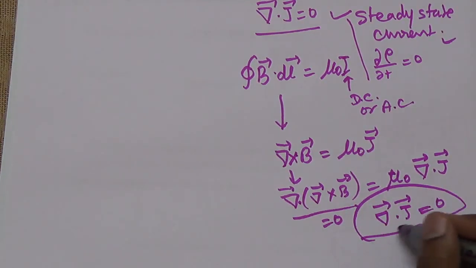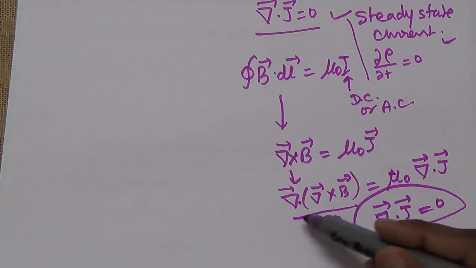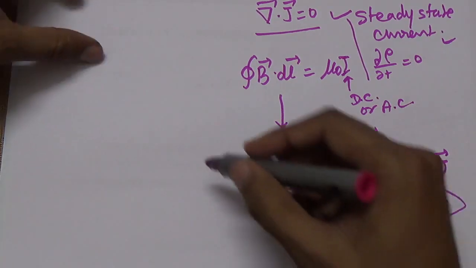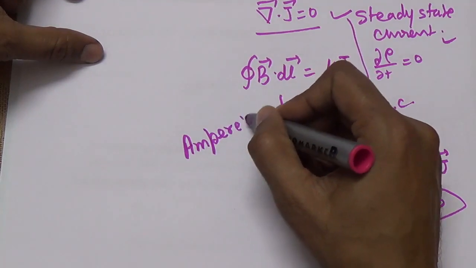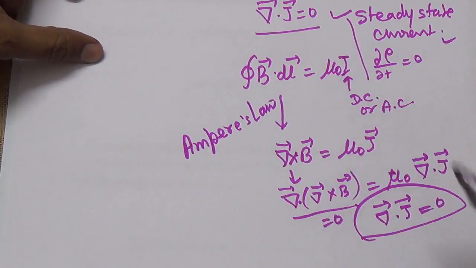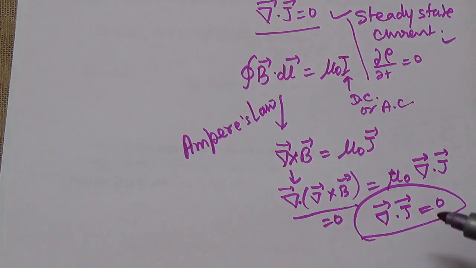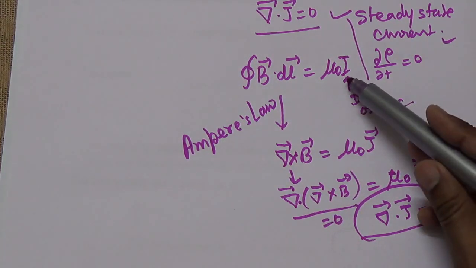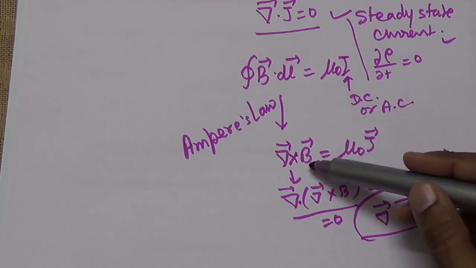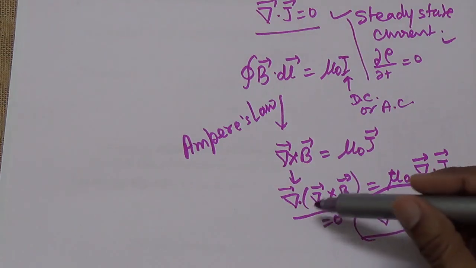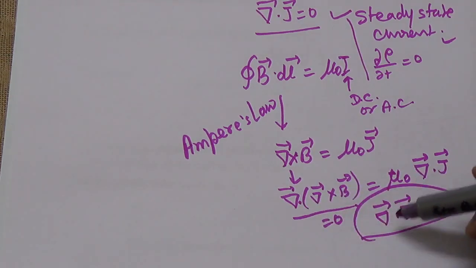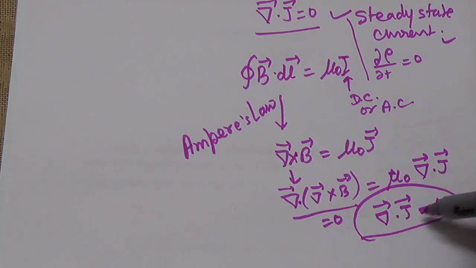So on the basis of this result, when we take the divergence of Ampere's law, and right now we are sure that we are using steady state current, what we get is divergence of J equal to 0.